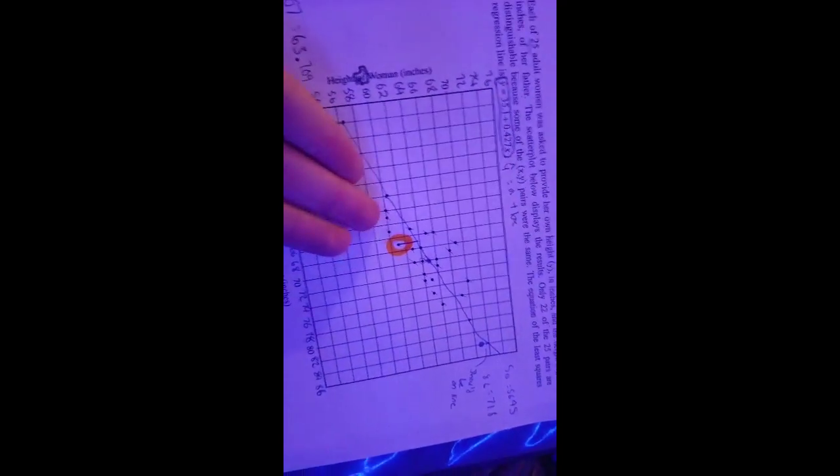Okay, so this is Quideo number 2, and in this Quideo, we're given a problem where you're given this nice graph here, and for part A, they wanted us to draw a least squares regression line, which I plugged an equation into a calculator and got this.